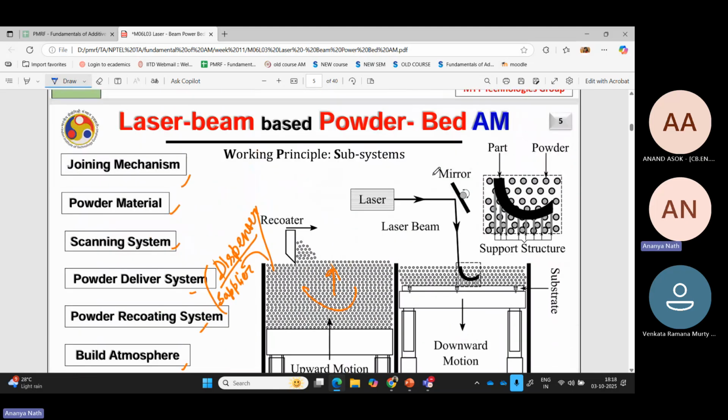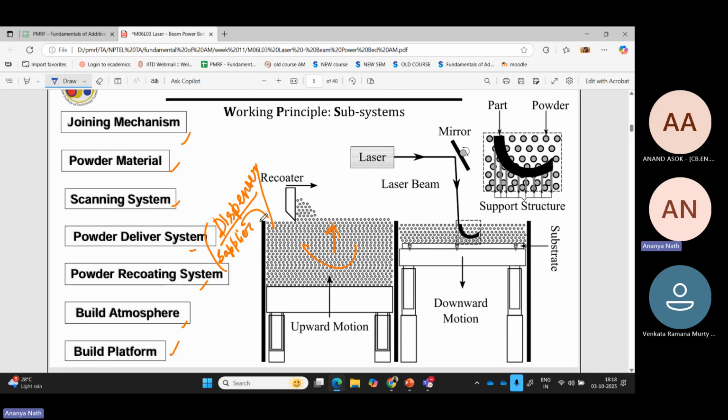Then comes the working principle. There will be a powder dispenser. This is a powder dispenser where we put the powder first before starting the machine.